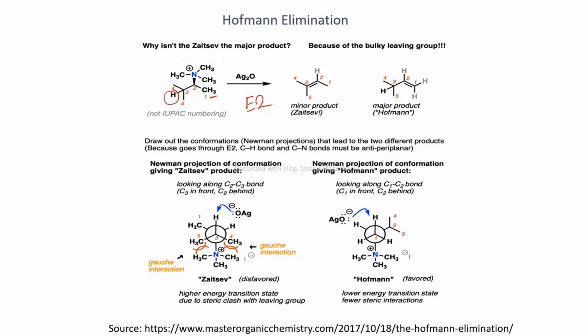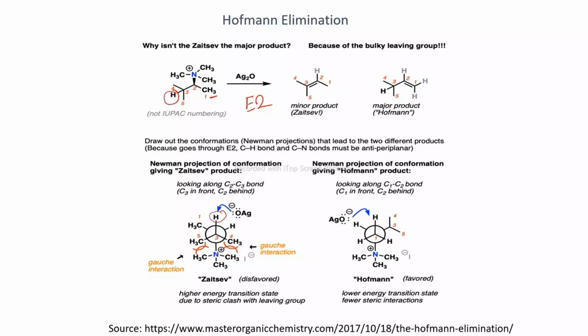We can draw this structure as a Newman projection. We all know that for E2 elimination, an anti-periplanar geometry is required. Anti-periplanar means the hydrogen that is abstracted and the leaving group must have a 180-degree dihedral angle. Here this hydrogen and this leaving group are at 180 degrees.